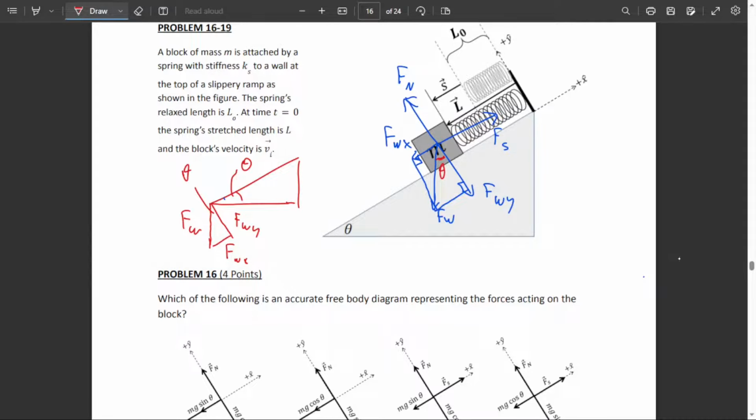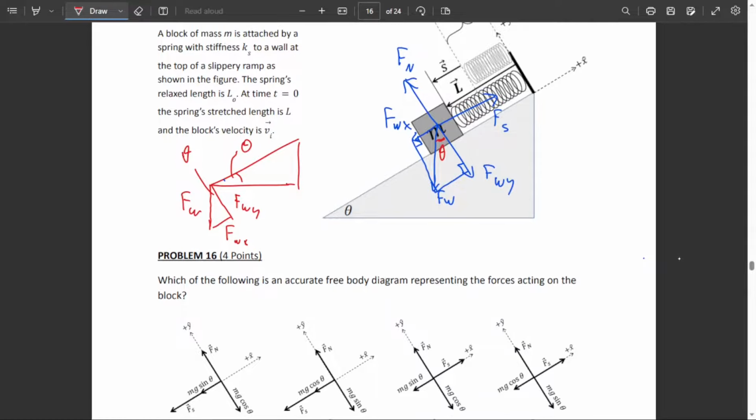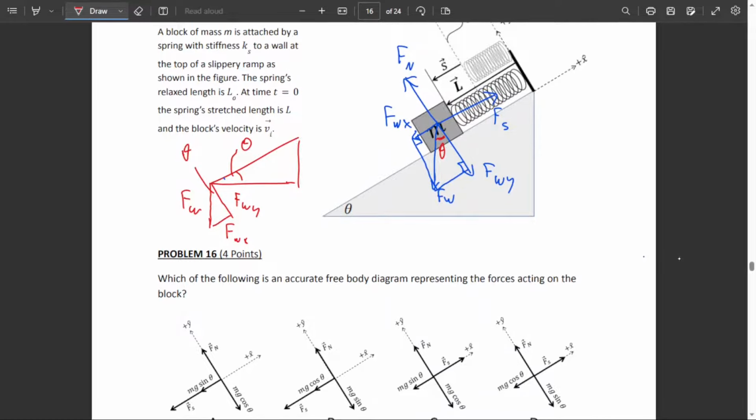So with that, we can calculate what the FWY and FWX are. From here, it's just right angle trig. We have theta, and we want to know what FWX is. This line right here is FW of x, so that's opposite over hypotenuse.